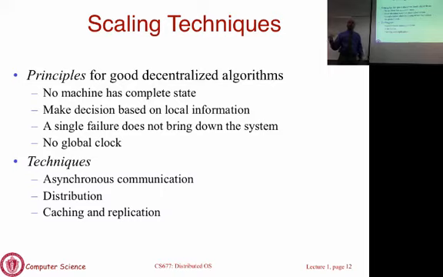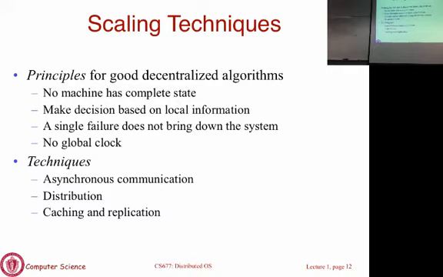As we go along, we'll come back to these principles and get a better understanding of why they make sense when you want to design truly scalable systems that don't have the bottlenecks that a centralized system would have. So the four principles are: no single machine should have complete state information.